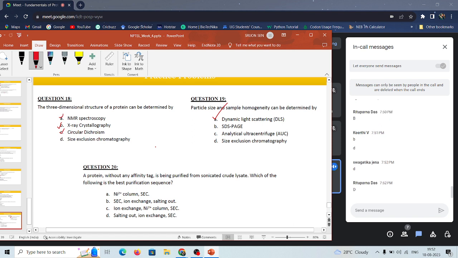Okay. Salting out, ion exchange, and ACC. That is the perfect answer. Very good. So that is the right answer.